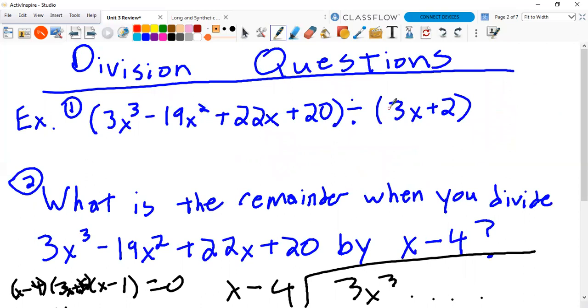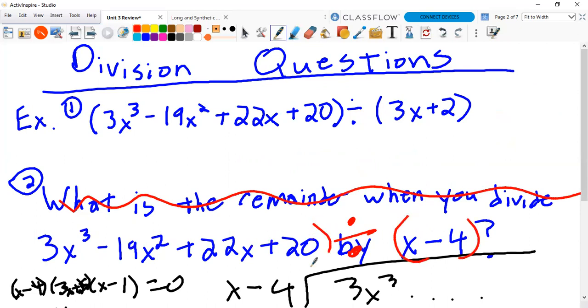If I gave you this as a division question, 3x cubed, all that divided by x minus 4. Since this is 3x plus 2, I had to use long division. Since this is x minus 4, I can either do long, like I said, or synthetic.